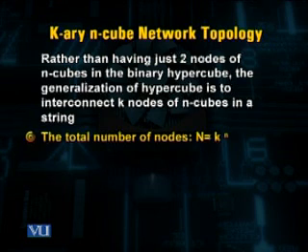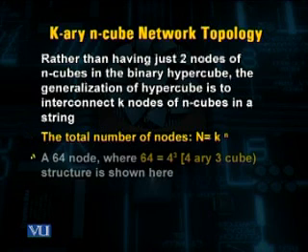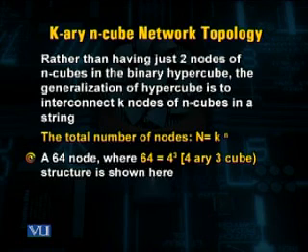This gives us the total number of nodes capital N equal to k raised to power small n. For example, a 64 node k-ary n-cube network is shown over here.